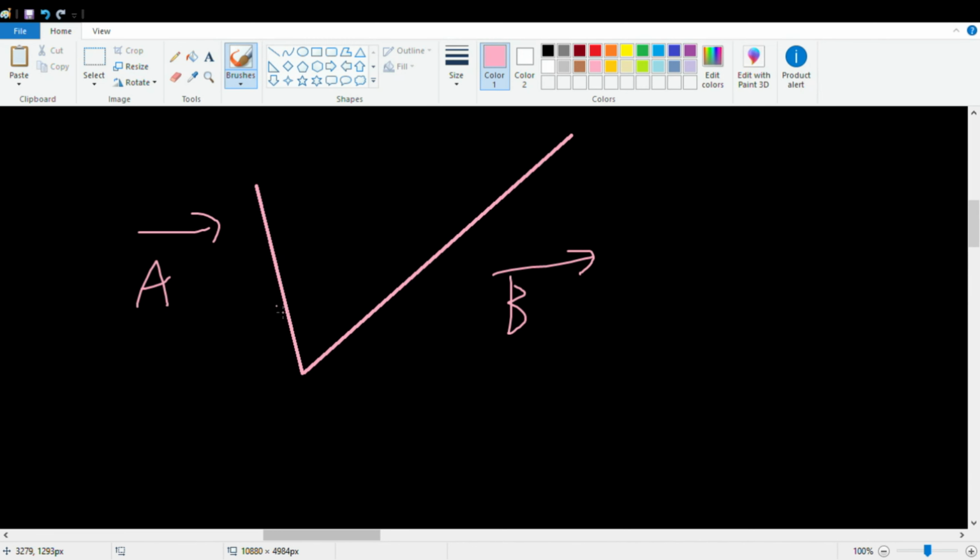It's basically the exact same thing from before, but this is going to be A sine theta, and that's perpendicular to this. Let me just put a right angle here.